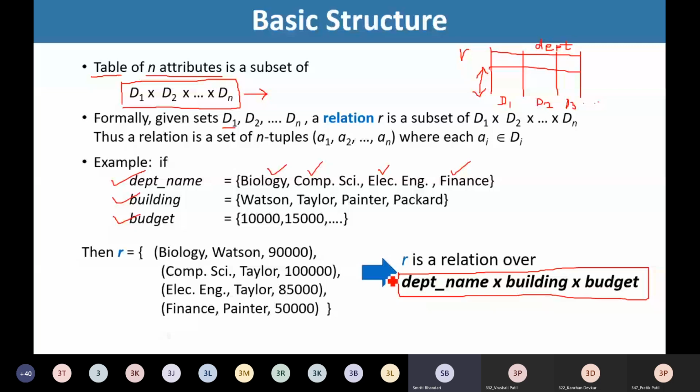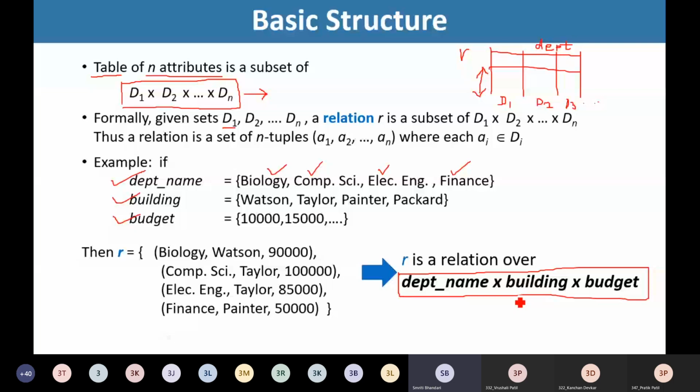But whenever I am saying that I am having a relation R over this Cartesian product, this relation includes few of the rows out of this combination, out of all this cross product or all this Cartesian product.